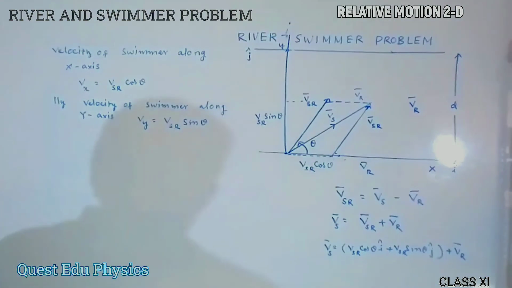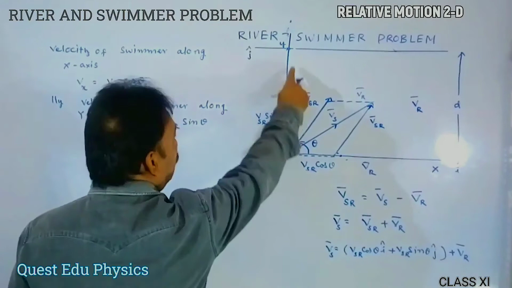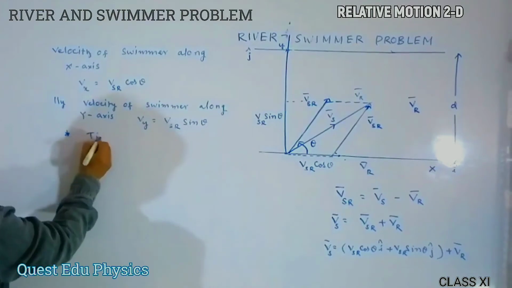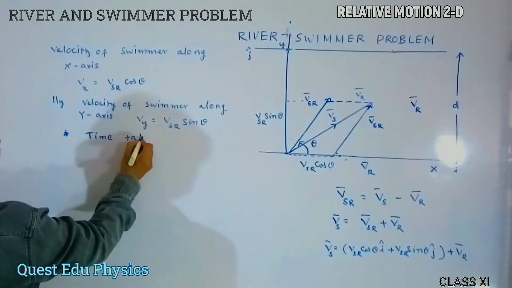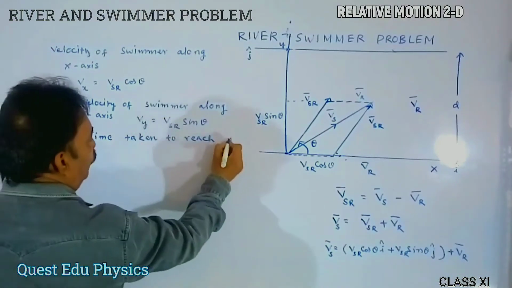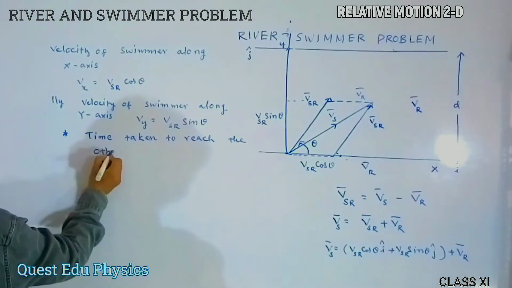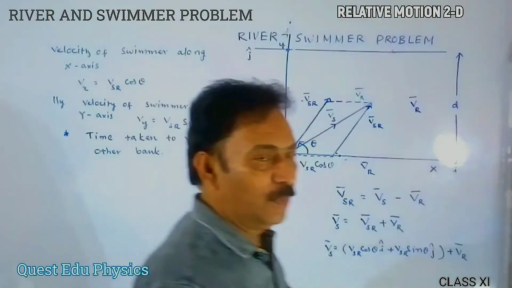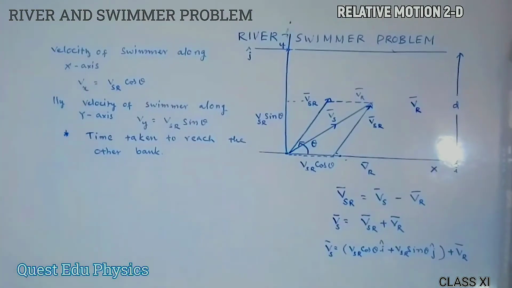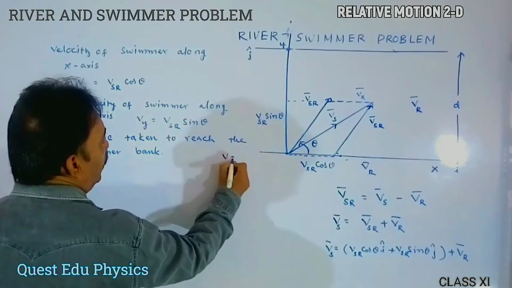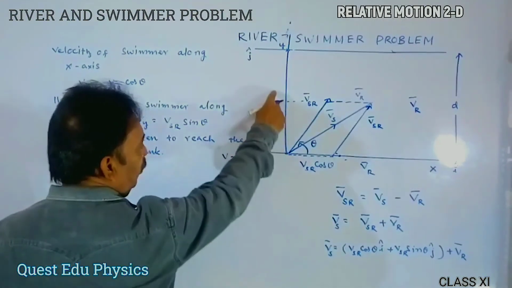Right now, we are going to find the time taken to reach the other bank. Okay, students, as you know that velocity is distance by time. Here, which velocity is it?